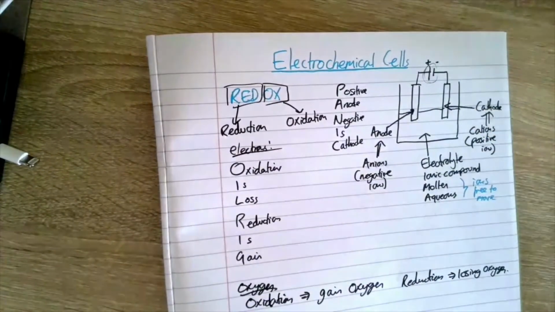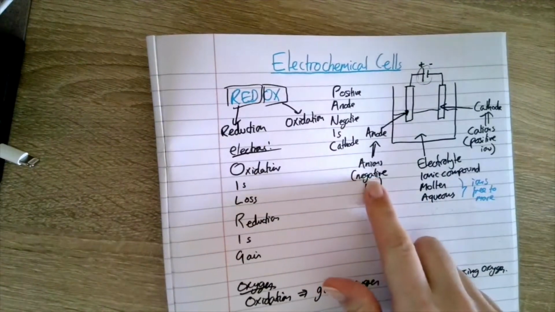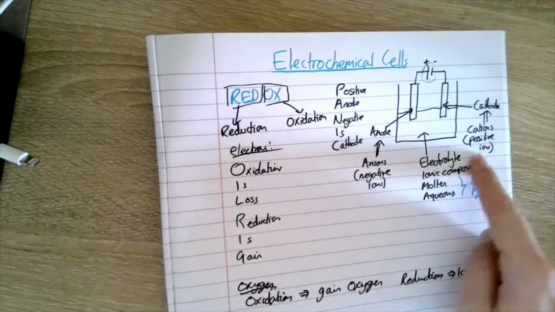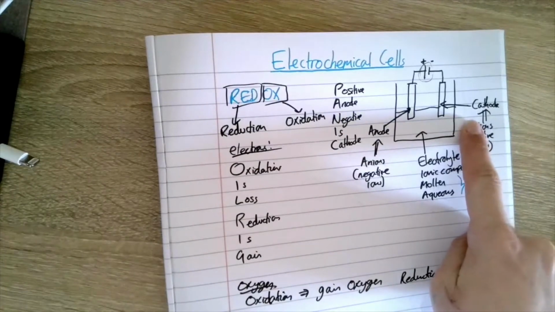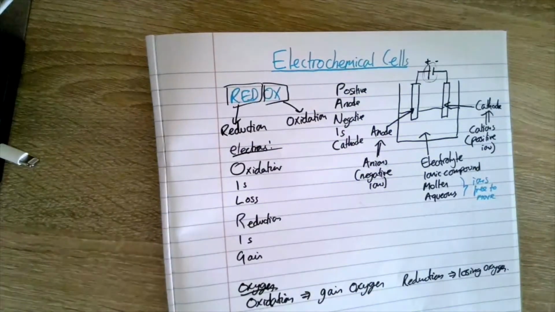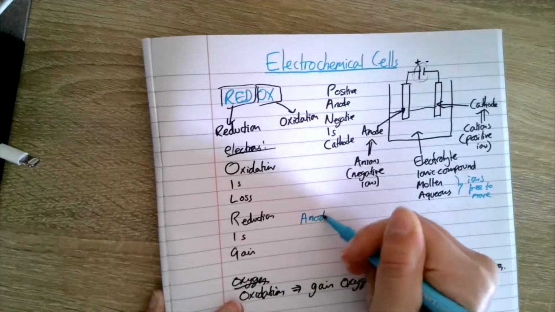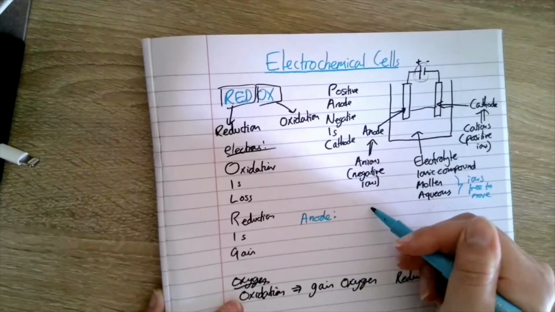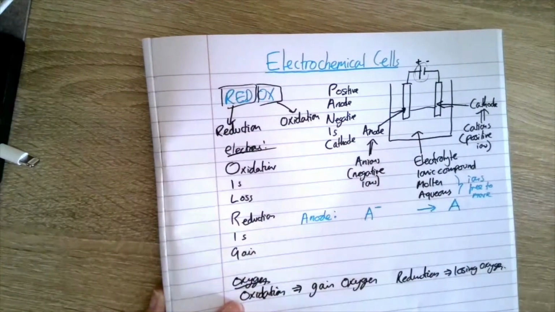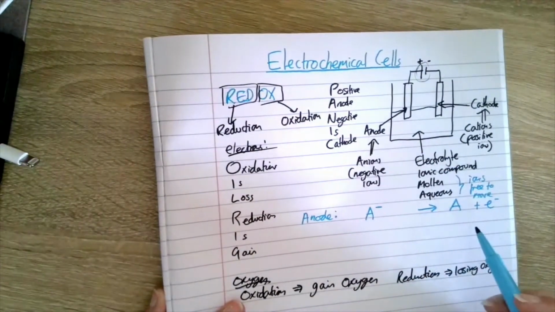In electrolysis, we're splitting up our ionic compounds. So our negative ion in the compound is attracted to the anode, and our positive ion in the compound is attracted to the cathode. And at the electrodes, they're going to either gain or lose electrons in order to form their element. So at our anode, our negative ions, in order to form their element, are going to have to lose electrons in order to lose that charge.